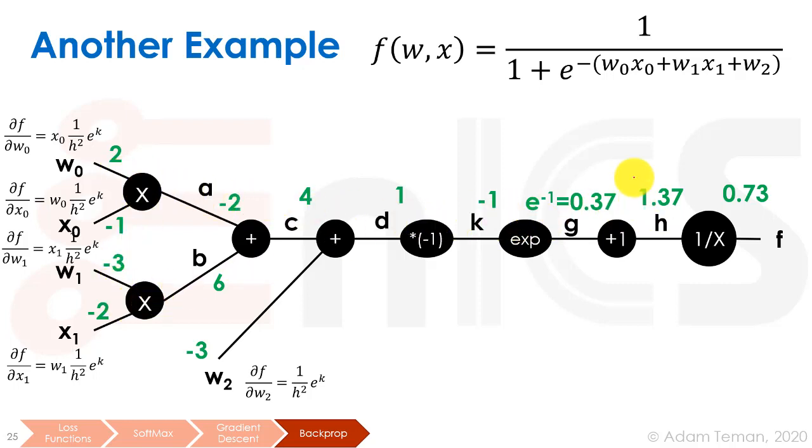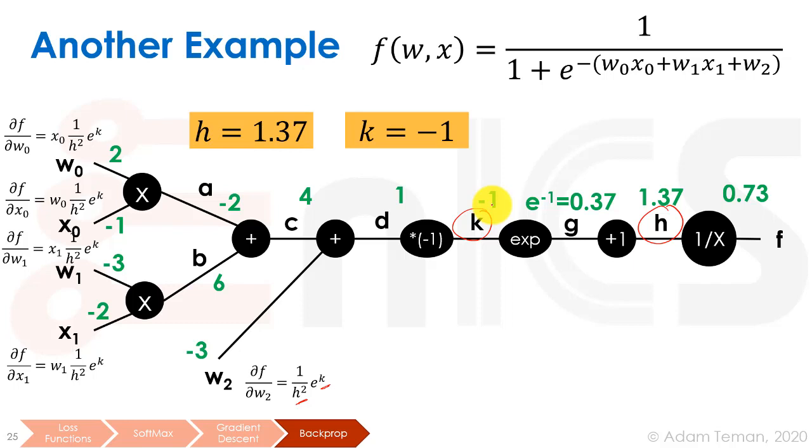Now, we can go all the way back to the analytic expressions we have and just calculate them. We see, for example, that what we need to have here are h and k. So we see here that h is 1.37 and k is minus 1, right? And we also want to calculate 1 divided by h squared times e to the power of k. If we calculate that, it comes out 0.2.